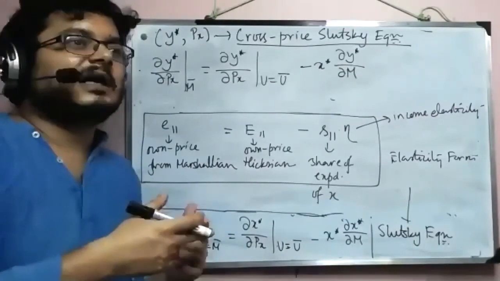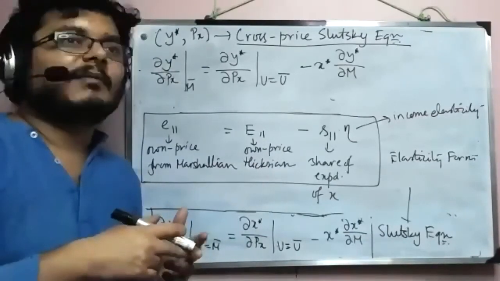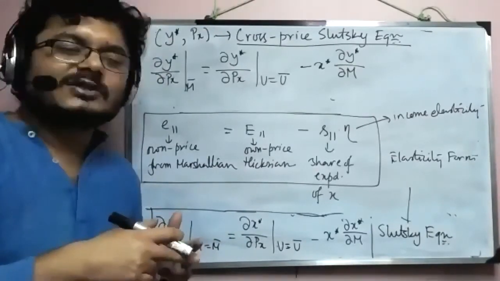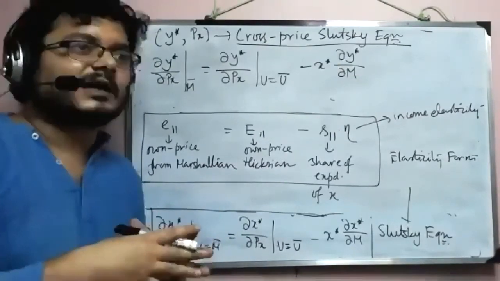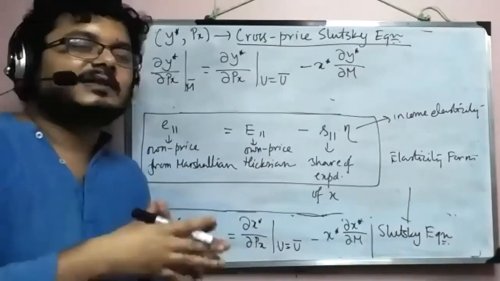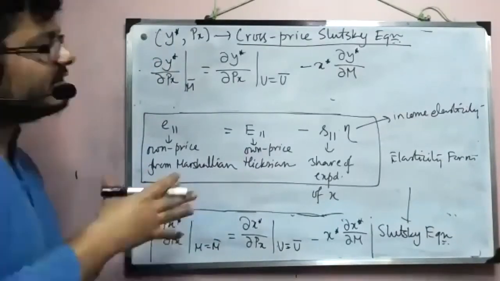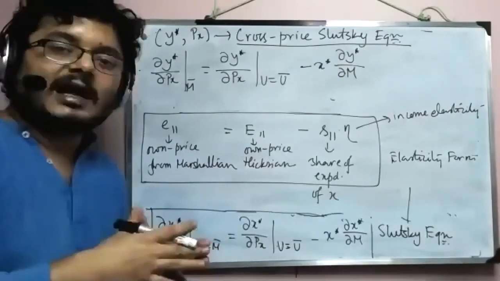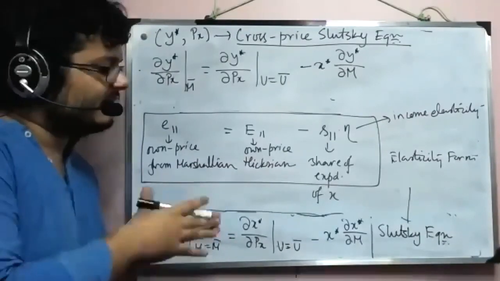Possibility two is that I can have an inferior good where the income effect is not really surpassing the substitution effect, and also I can have a Giffen good where the income effect is so strong that it surpasses the substitution effect and makes the demand curve positively sloped. All right. So this is how we reconcile all the things that we have seen and written diagrammatically here using mathematics in utility maximization.